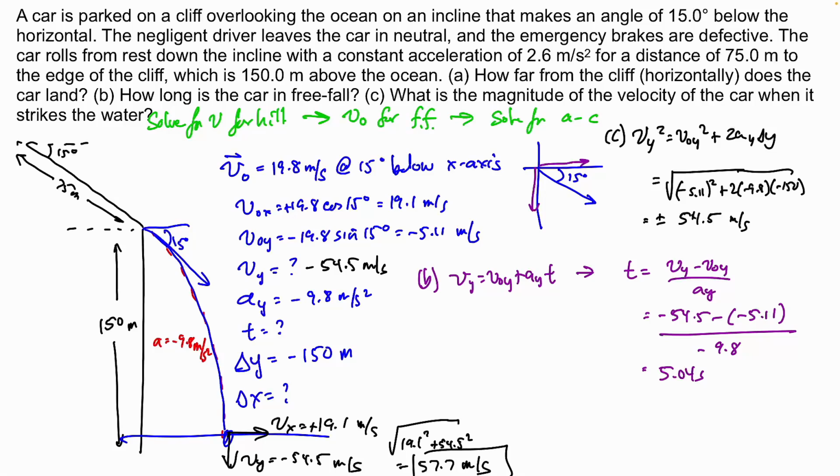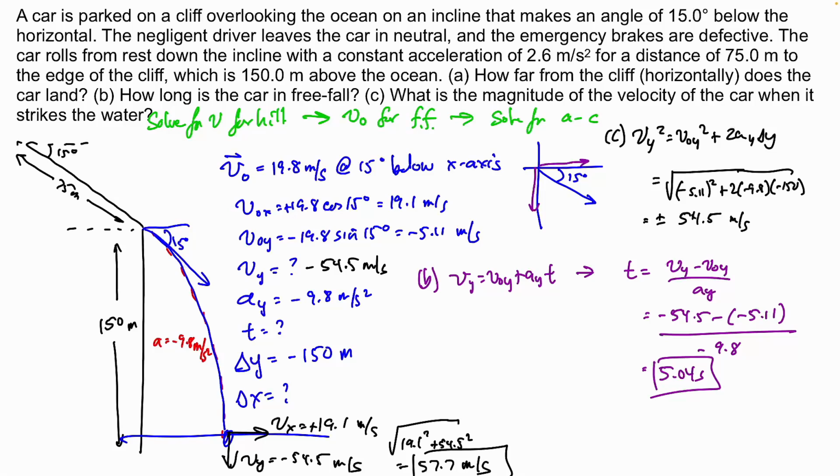If I wanted to check to make sure my 5.04 seconds for the time is correct, what could I do? I would use the second one. I'd suck it up and make Wolfram Alpha do the quadratic for me, right?